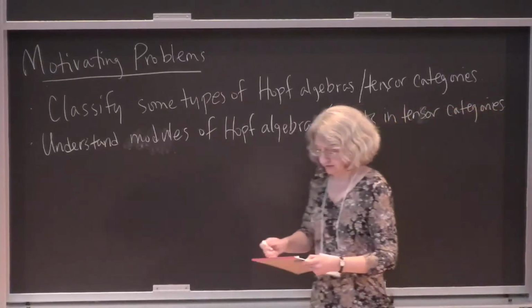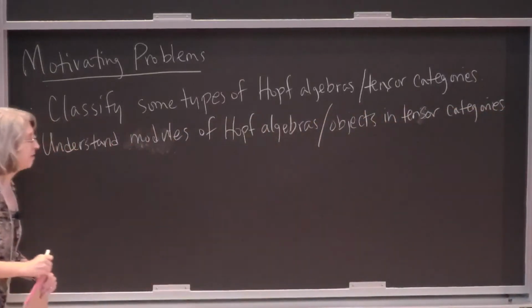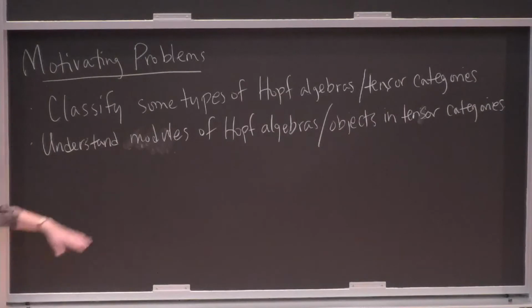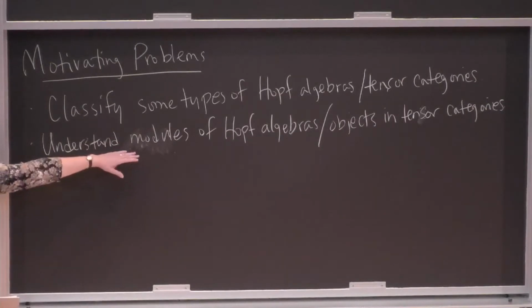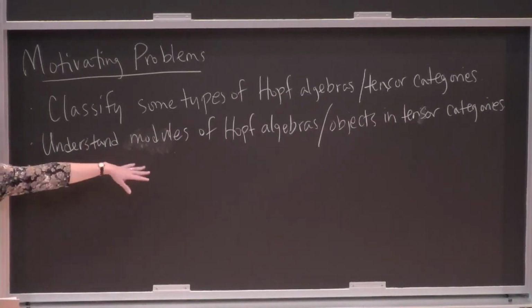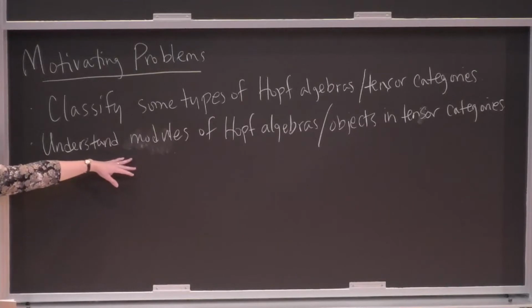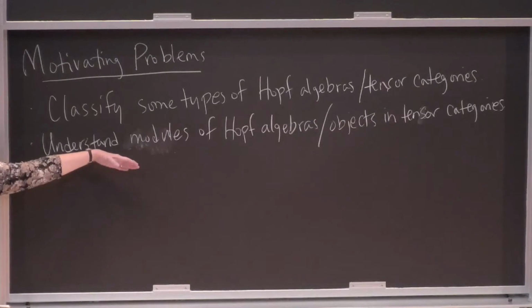And the problem that comes up many times is you might have an algebra of wild type or analogous notion for tensor category. You might not be able to classify all objects or modules.